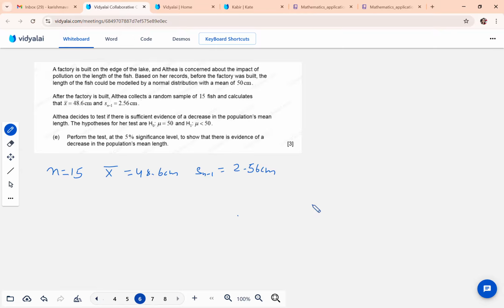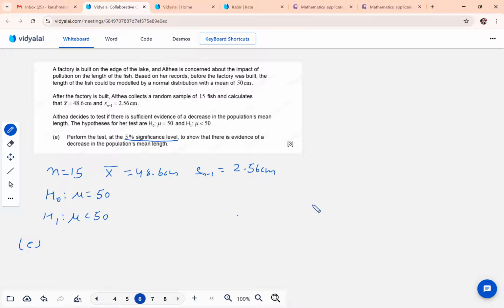The hypotheses for her test are, they have given H naught as mu equal to 50 and H1 as mu less than 50. Perform the test at 5% significance level to show that there is evidence of a decrease in the population's mean length.